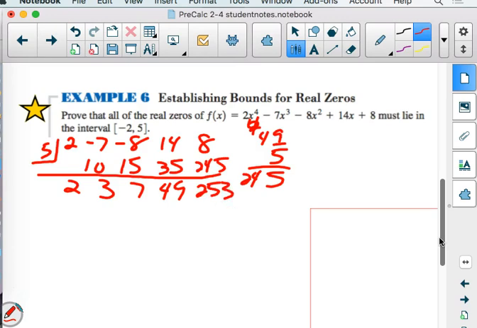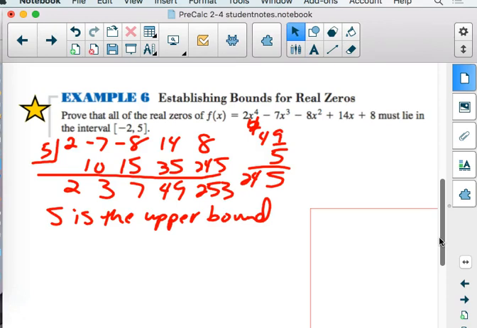So I was just thinking it doesn't really matter. I know it's going to be positive anyway, but we really should show the right math as we go through there. So I know that's the upper bound. 2, 3, 7, 49, and 253. Those are all positive. So 5 is the upper bound. We're not going to find any more zeros to the right of 5.